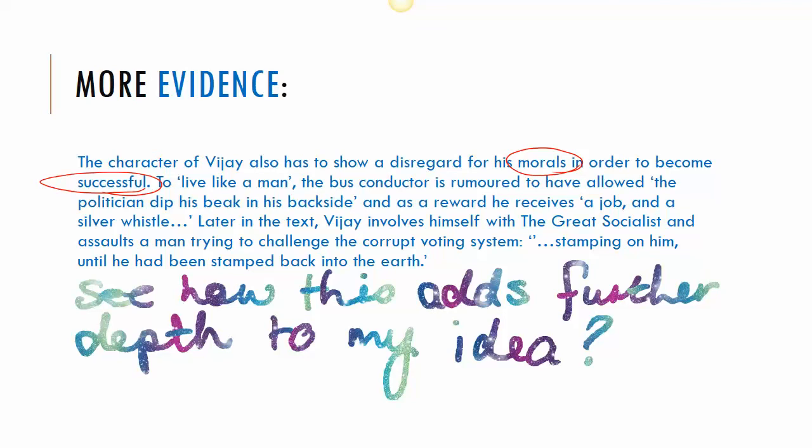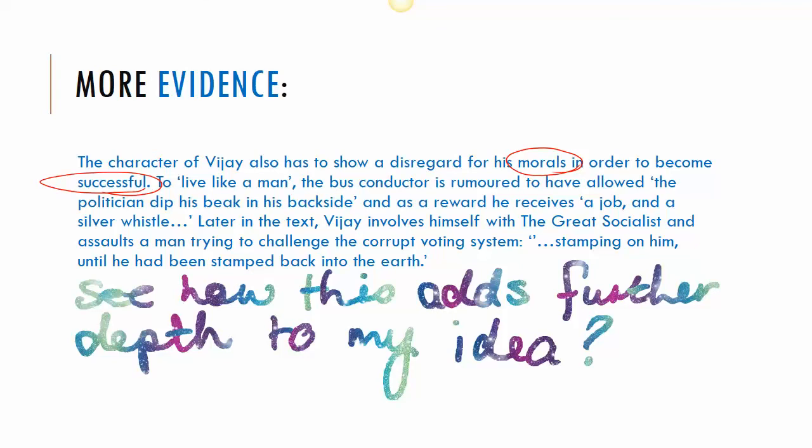The bus conductor is rumoured to have allowed the politician to dip his beak into his backside, and as a reward he receives a job and a silver whistle. Later in the text, Vijay involves himself with the great socialist and assaults a man trying to challenge the corrupt voting system, stamping on him until he had been stamped back into the earth.